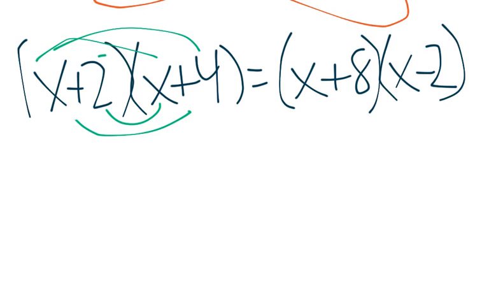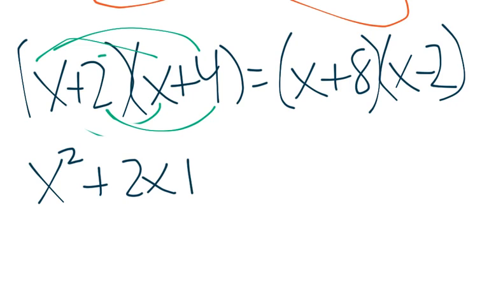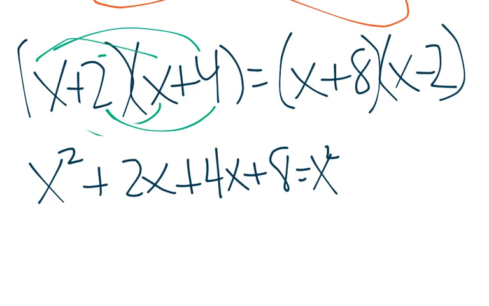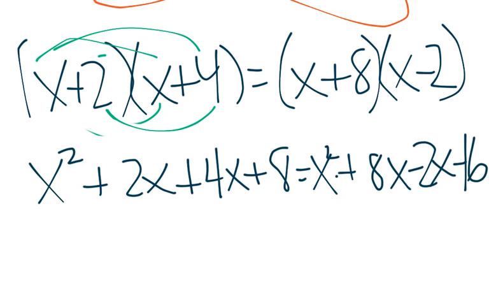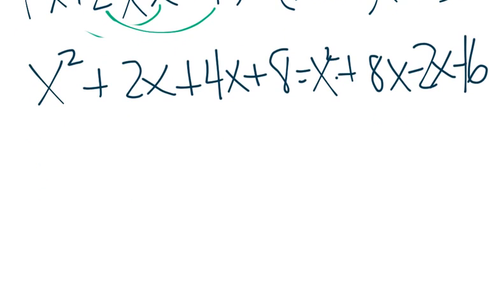Whoops, that's not last, that's outer. Last, so we end up with x squared plus 2x plus 4x plus 8 equals x squared plus 8x minus 2x minus 16.